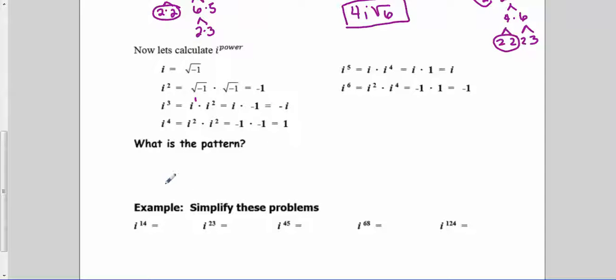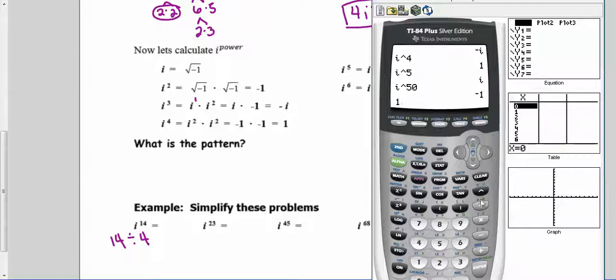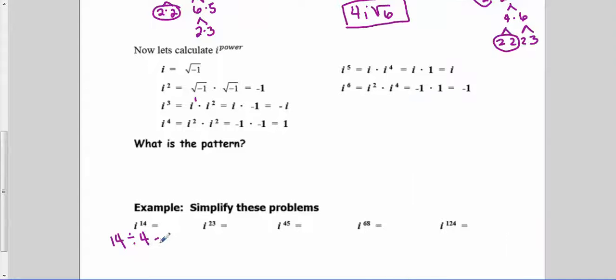One way you can do this is you can divide 14 by 4. So 14 divided by 4. Okay, so I get 3.5.